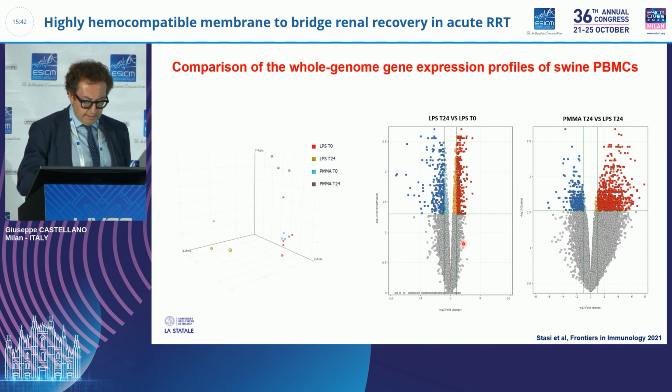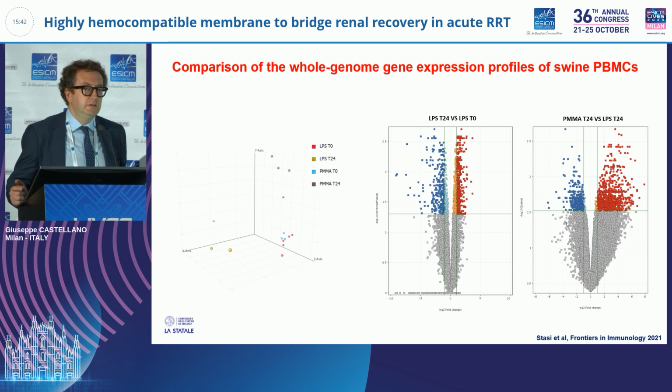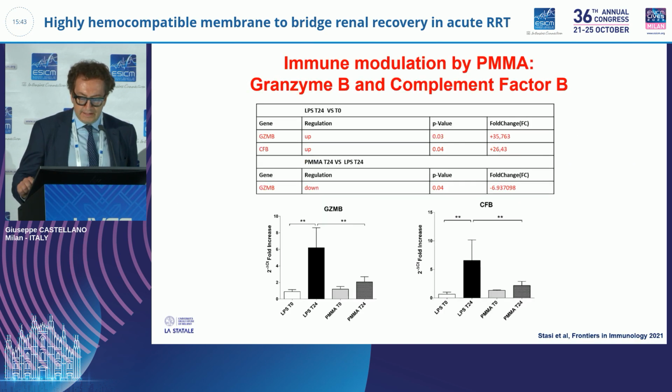You can see here at the center where LPS can induce an activation of leukocytes, and here on the right, polymethyl methacrylate can really change the gene expression of the LPS-induced AKI. Again, we have now on leukocytes data that with this treatment we can change the genetic profile of peripheral leukocytes.